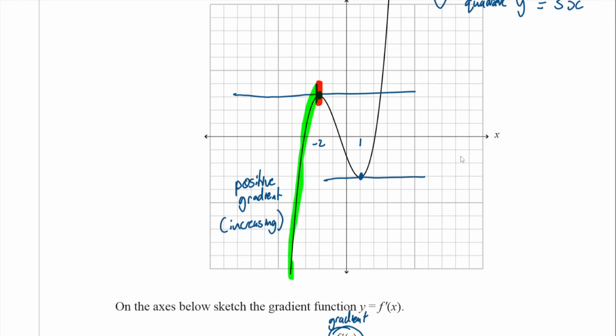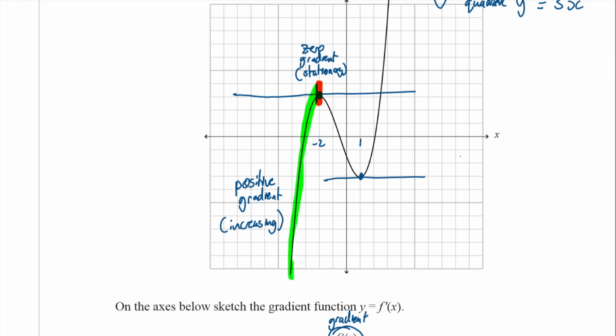At this point right here, at -2, the gradient is 0. So 0 gradient. And we actually call that stationary. Stationary with an E, not an A. It's not your pencil case.